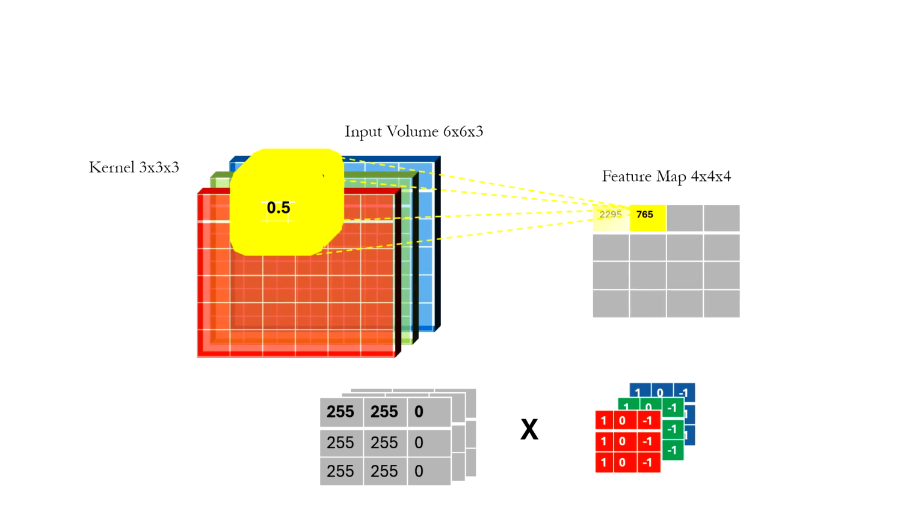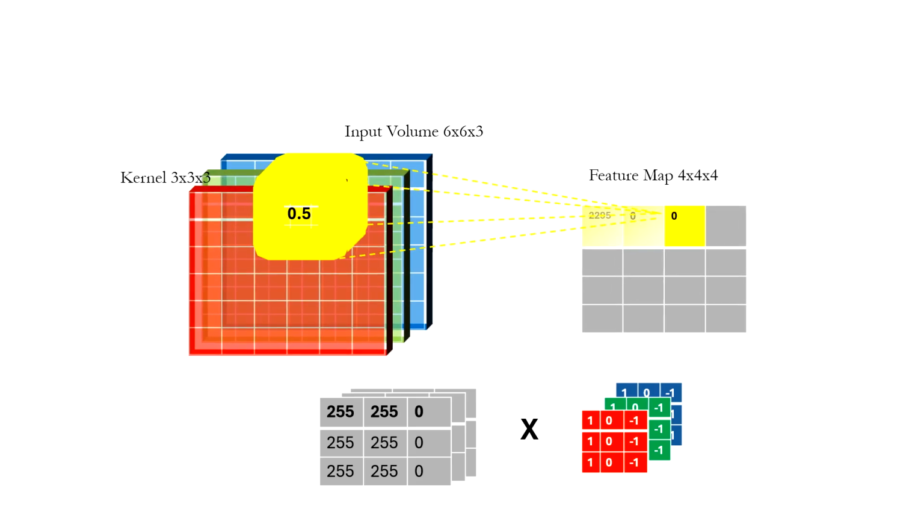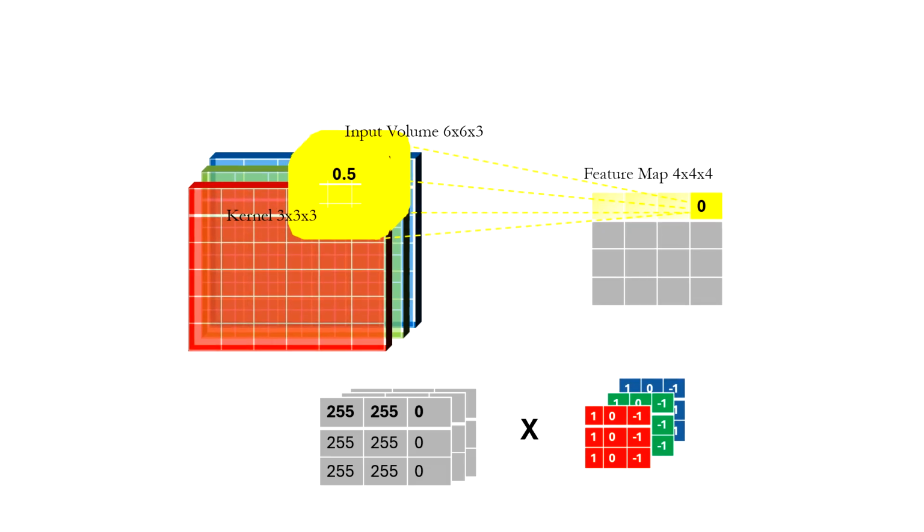So we just go on to the next section of the input volume, and it maps to 765. Next one is 0. Another 0. So that happened 4 times, right? We made 4 strides.